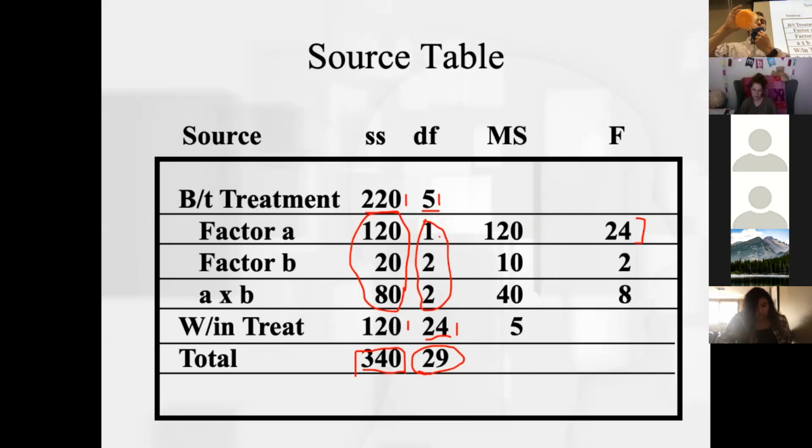It would be the MS for the factor that we're interested in over MS within. So if we're interested in the F for factor A, it would be mean squares A divided by mean squares within. 120 divided by 5 gives us 24.